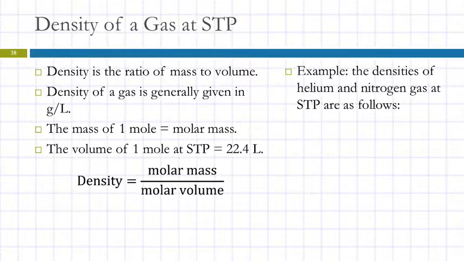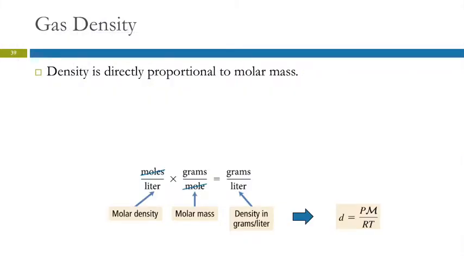Density is proportional to the molar mass, because at a particular set of conditions, the volume of the gas is going to be the same. The thing that's going to be different is the molar mass, the mass of the particles. So here they go through calculating all of this, and they come up with this expression for density: the density is equal to the pressure times the molar mass divided by RT.